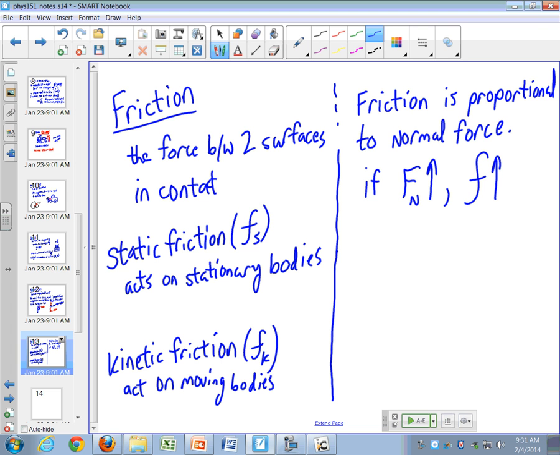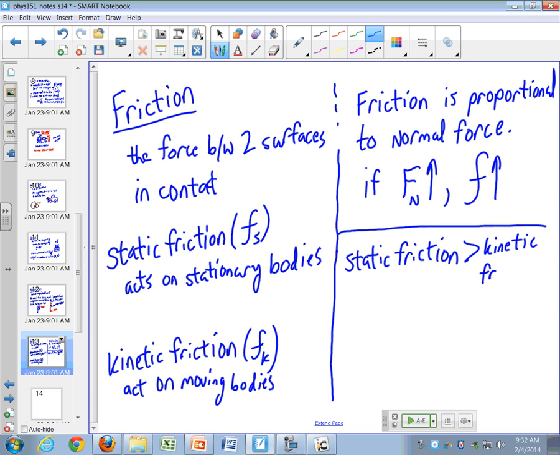All right? Now, something else about friction, and I have a little clip I want to show you that illustrates this, is that static friction is almost always, I think it is always actually, always bigger than kinetic friction. And you know this too, just from experience.